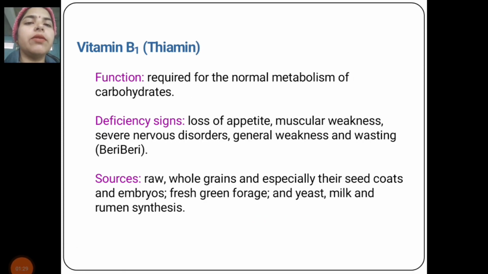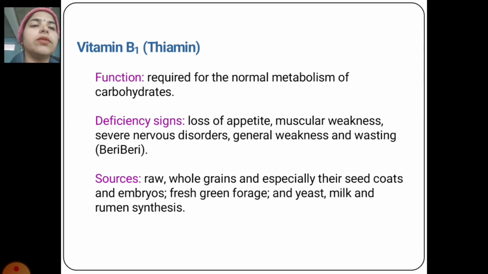The next vitamin is vitamin B1, that is thiamine. It is also known in medicinal language as thiamine. Functions, deficiency signs and sources: it is required for the normal metabolism of carbohydrate. Next are the deficiency signs: loss of appetite, muscular weakness, severe nervous disorders, general weakness and wasting, that is the beriberi disease.